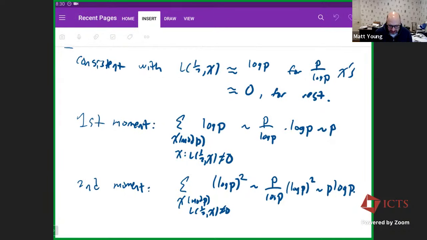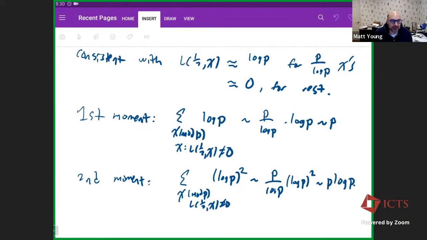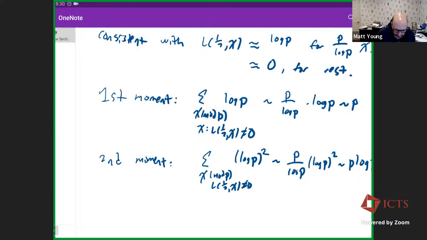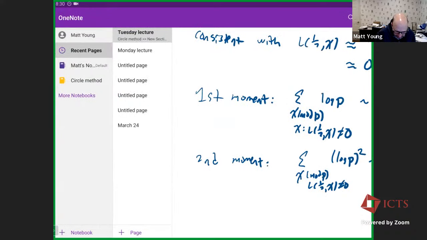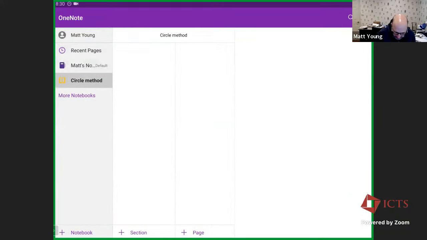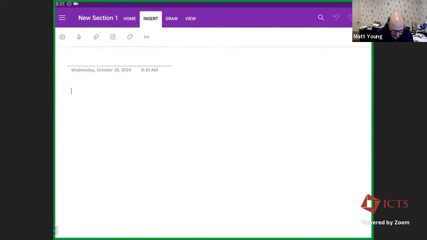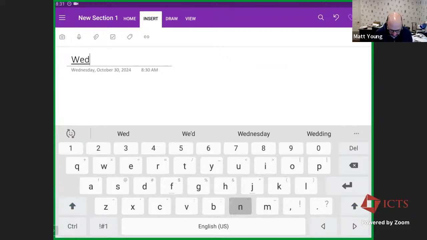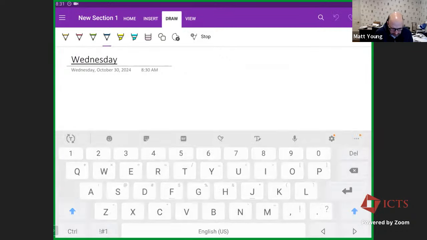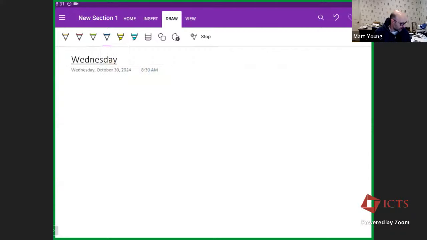From this, we deduced a non-vanishing result from these moments, and that's what's on the screen right now. So let's start a new page for Wednesday.